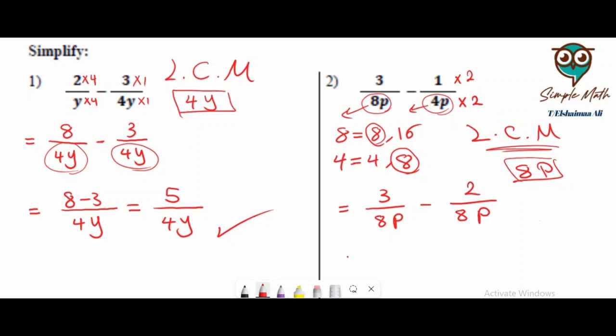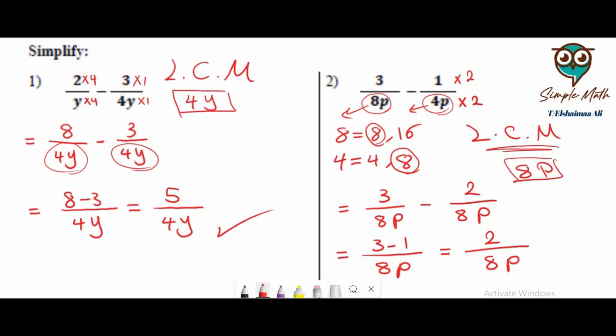Here we have the same denominator, so we are going to write 8b and subtract the numerators. 3 minus 2. So it gives me 2 over 8b. So this is the difference between these two fractions.